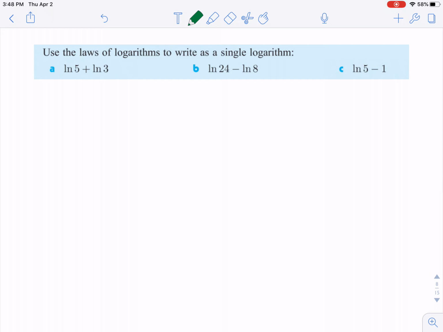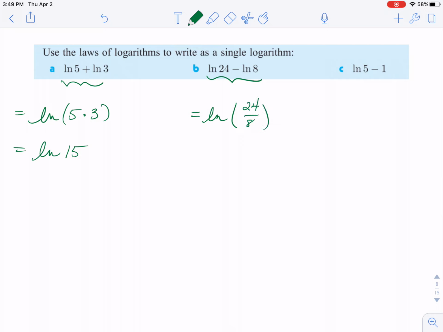So now, just like in the last section, I asked you to use those laws of logarithms to write them as a single logarithm. This one is addition. So when we add, we rewrite it as, good guess, multiplication. See, I knew you guys could do this, which is just the ln of 15. Subtraction, we rewrite it as a single log. This time it's going to be, bingo, division, 24 divided by 8, which is the ln of 3. And this is the one that sometimes causes problems.